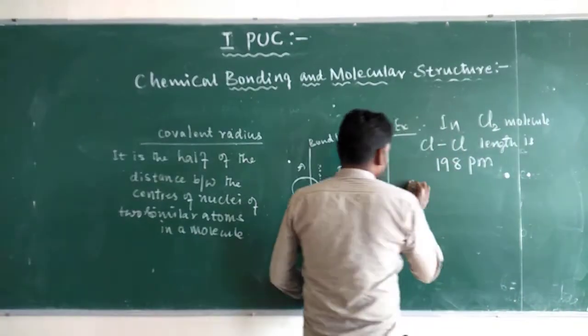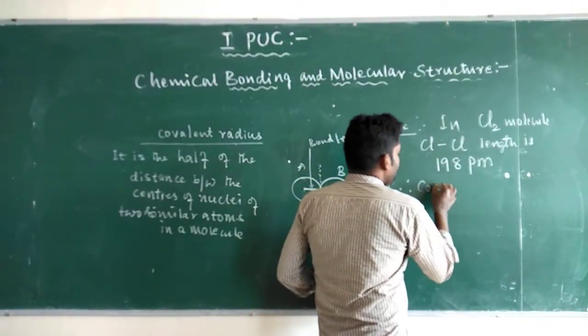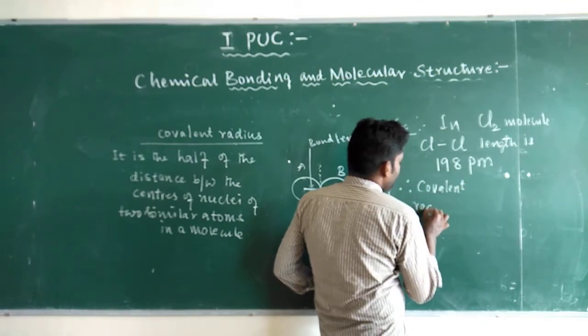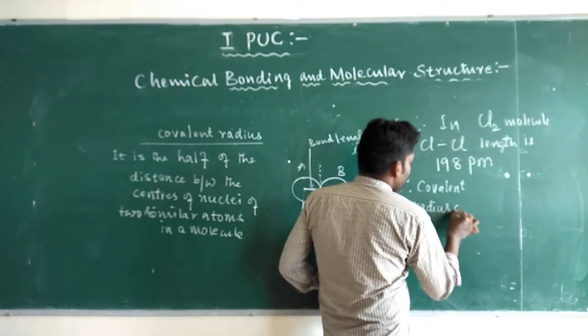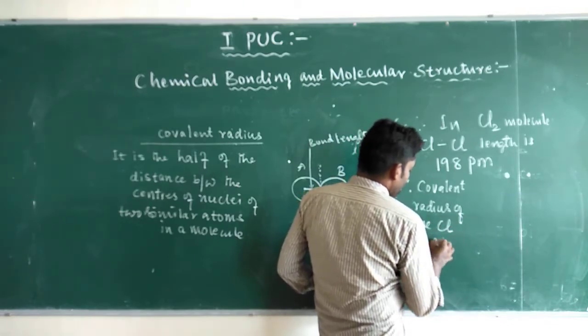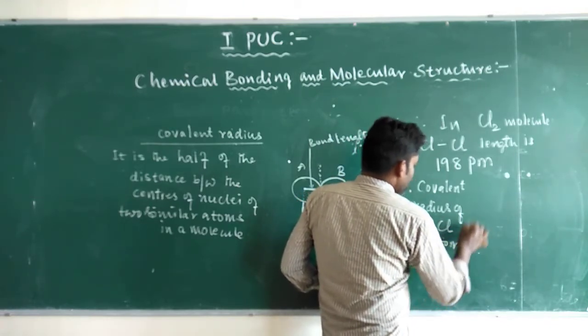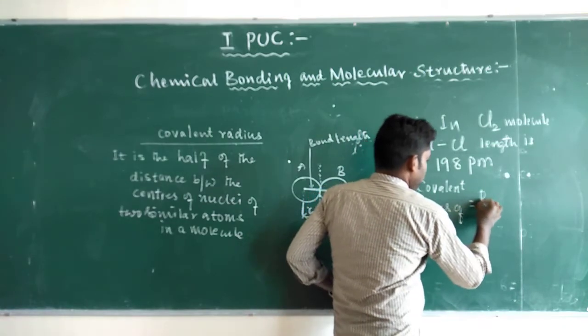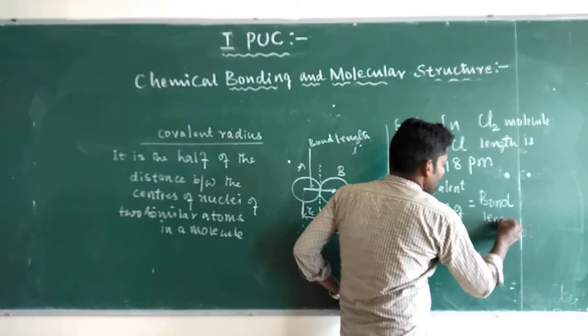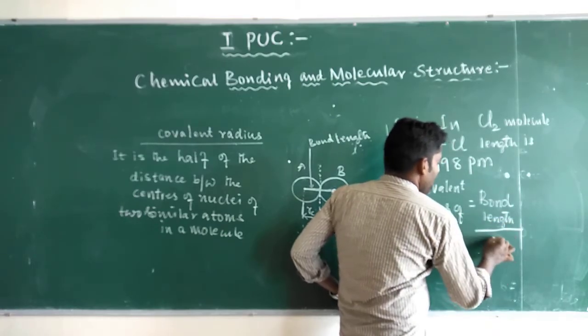Therefore, the covalent radius of one chlorine atom is equal to the bond length divided by 2.